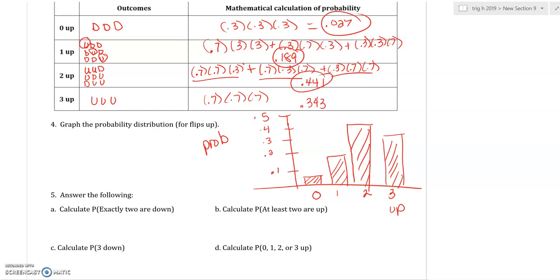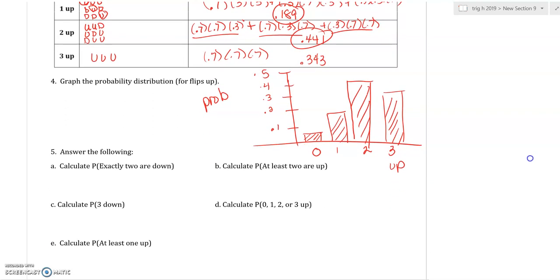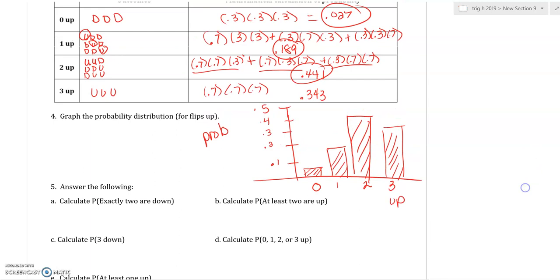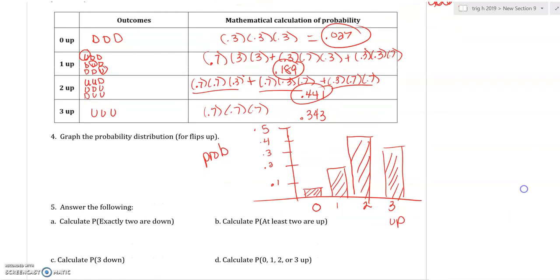So what if I ask you some questions now? Like, what is the probability exactly 2 are down? Well, 2 down and 1 up, right? Because there were 3 tosses. So 2 down and 1 up. So that right here, that was 0.189. Calculate the probability of at least 2 are up.